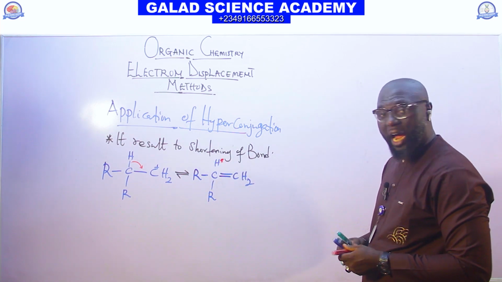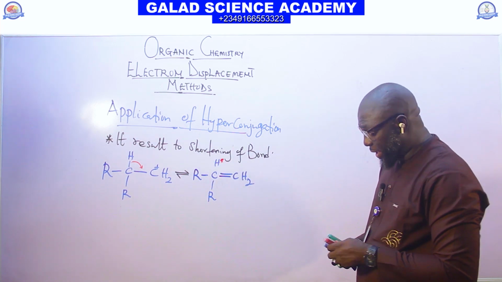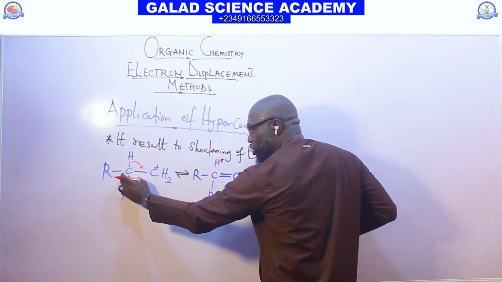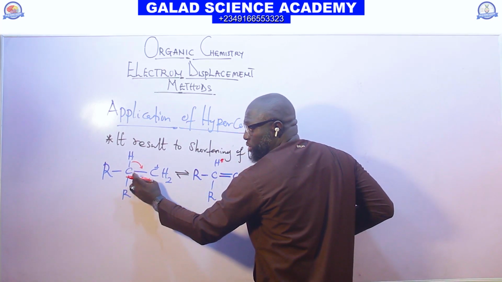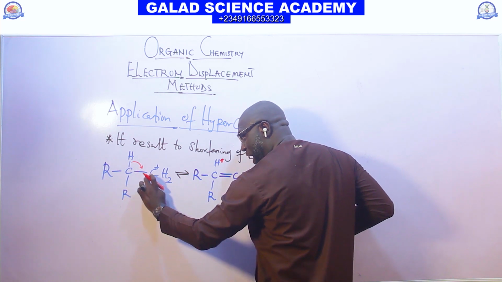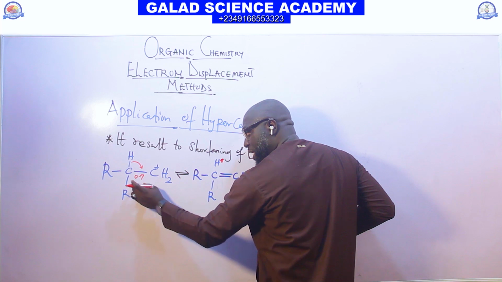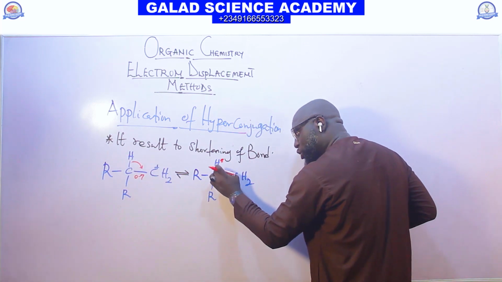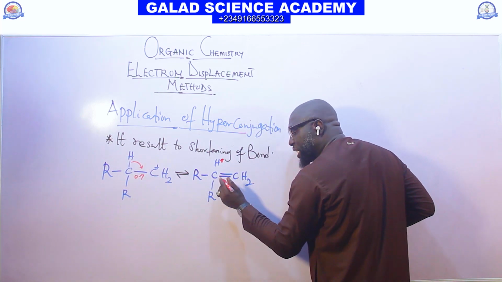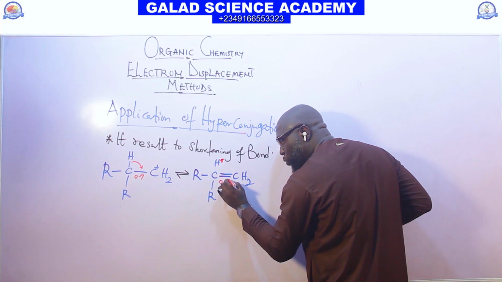This is the empty orbital. Observe here, you can see between these two carbons is a single bond. If the bond length here, assume, is 0.7, it is an assumption, so once this bond comes to this side, it becomes a double bond. The bond length here will be 0.3.